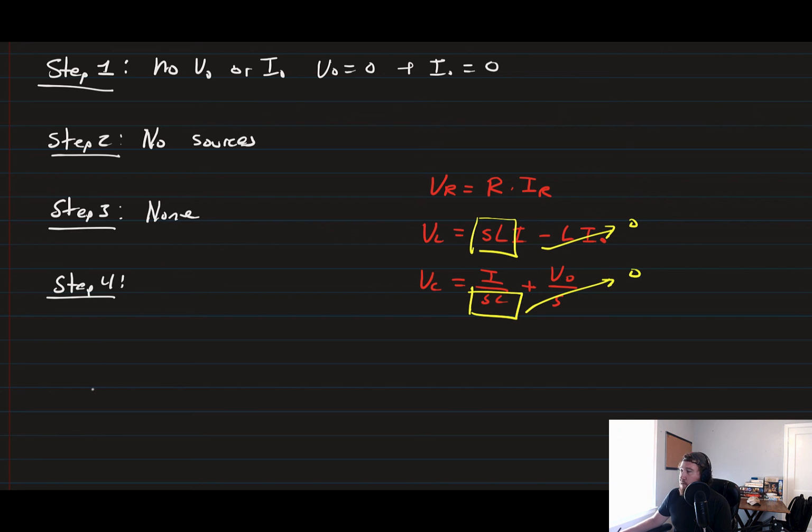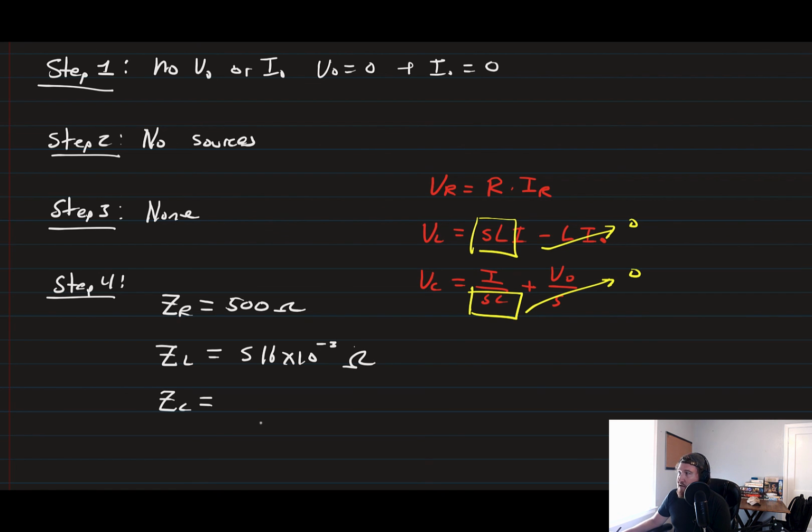So let's transfer back to white. That means our impedance ZR is still just equal to 500 ohms. Our impedance ZL is equal to S times L, which is 16 times 10 to the negative third S, also ohms.